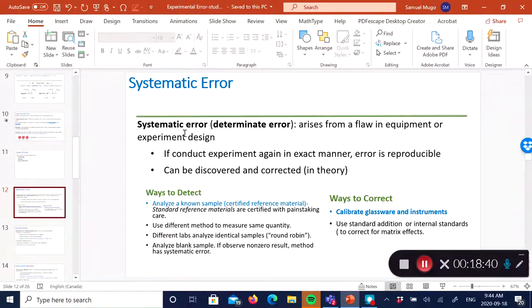You can also correct it by doing other sets of instrument calibration called standardization or internal standard calibration methods, which we're gonna cover later on, maybe sometime next week. But the key thing is you correct systematic error by calibration.